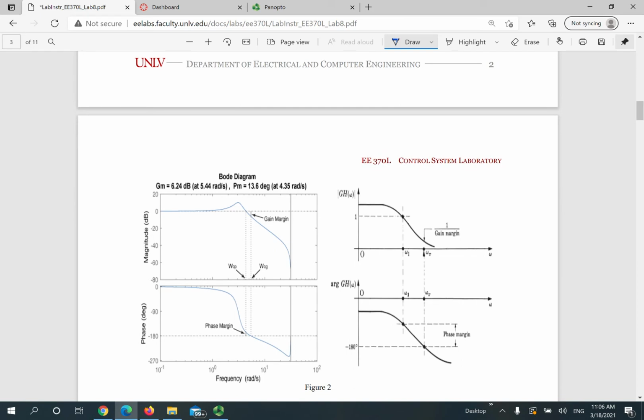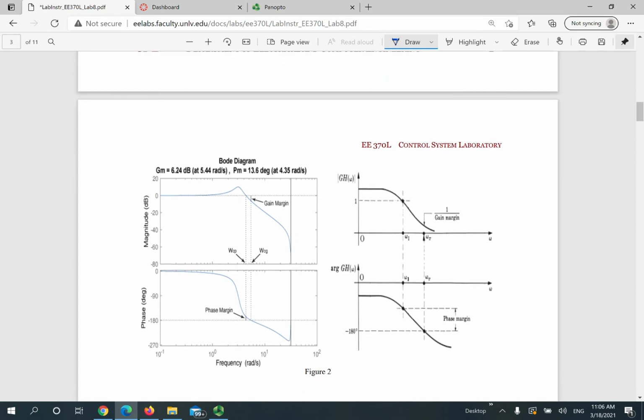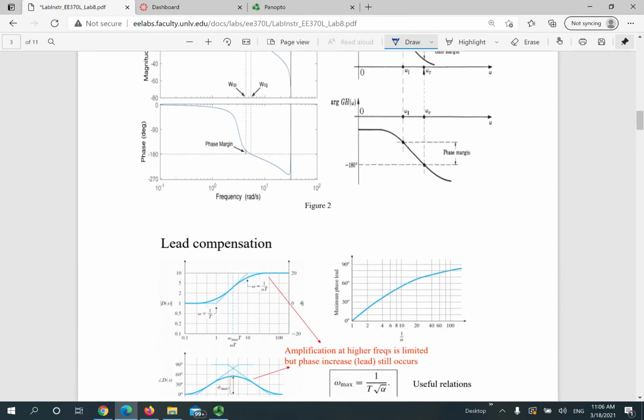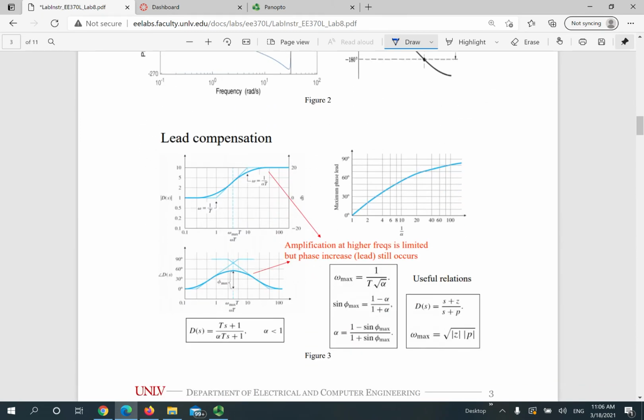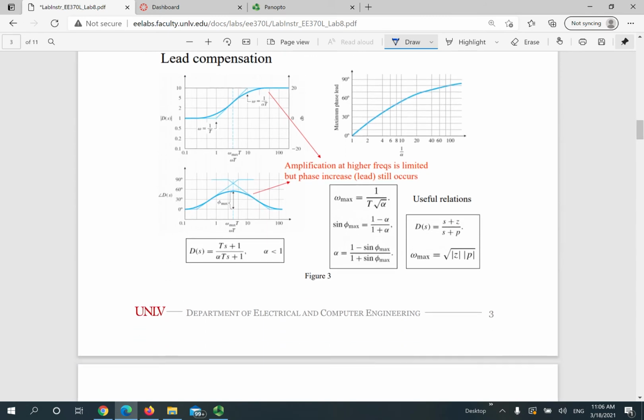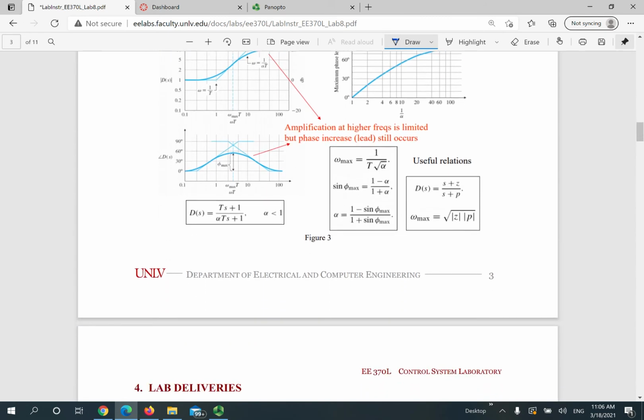There's a gain margin and a phase margin. What you need to do with the lead-lag compensator is to change the phase margin from negative to positive to make the system more stable, and to change the gain margin to also improve the stability of the system. And the lead compensation is something like this, and you can read about these in the textbooks as well.